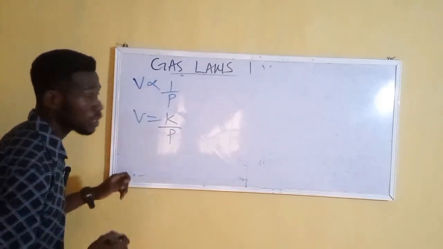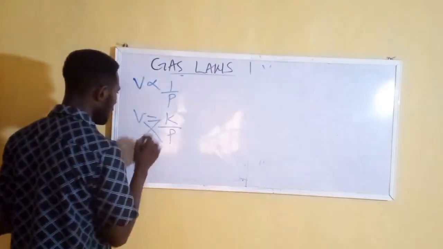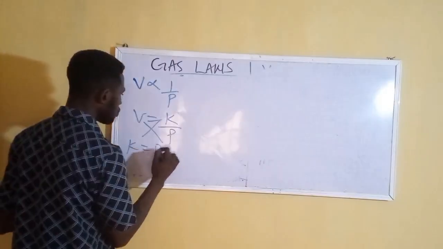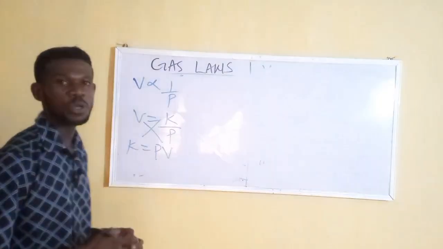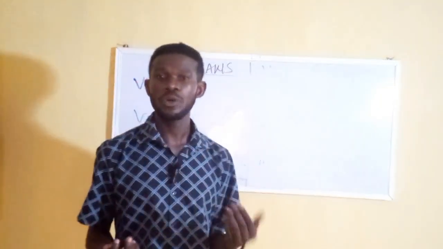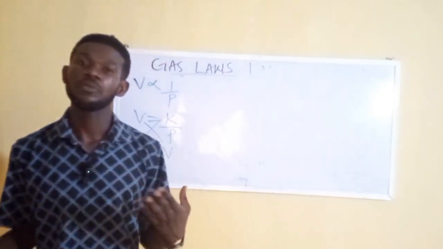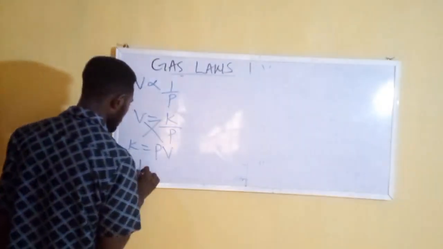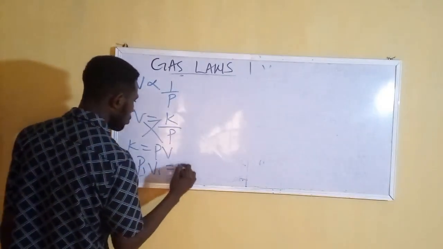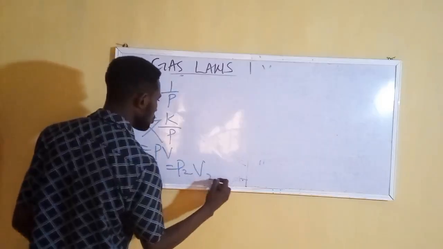When you have V equals K over P, you cross multiply and you have K equals PV. Now, in a case where we have multiple pressures and multiple volumes, you have P1 V1 equals P2 V2.